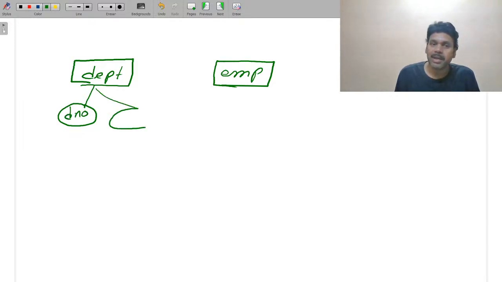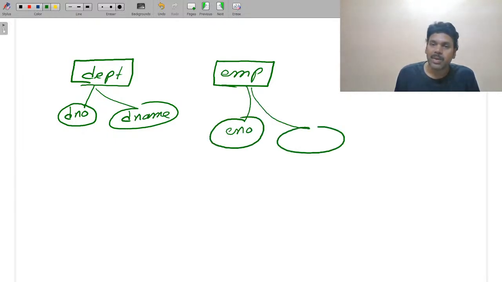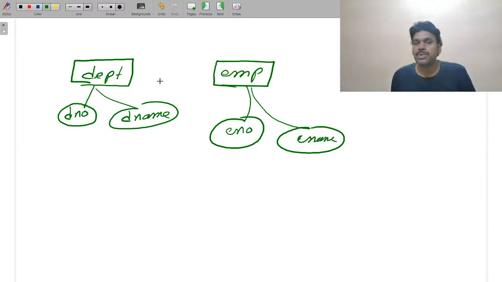This is the department number and there is another column called department name, and for employee, there is employee number and another column called employee name. So you understand, friends, there are two tables, also called two entities. One entity is department and another entity is employee.